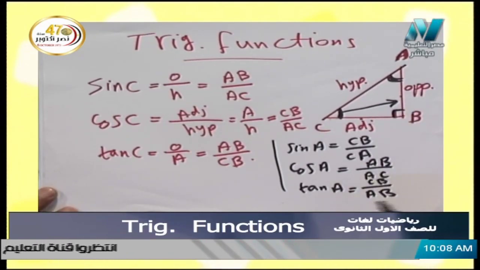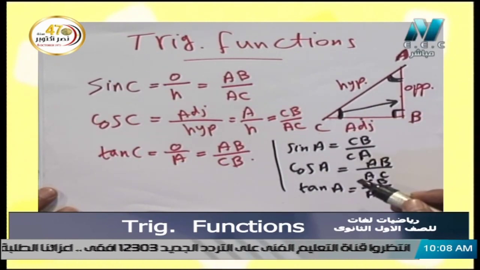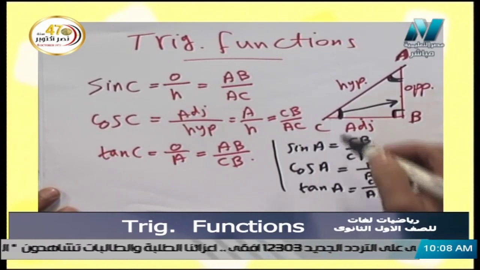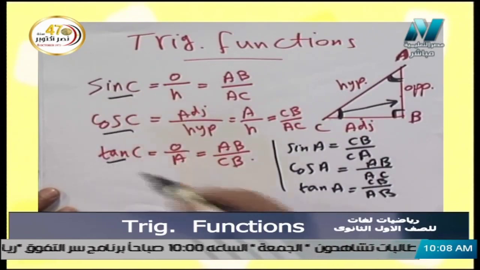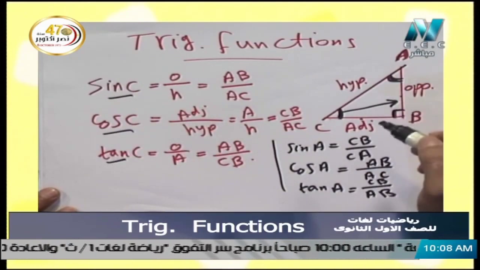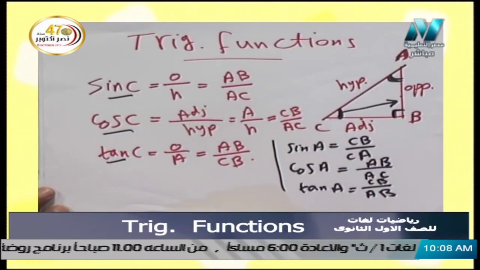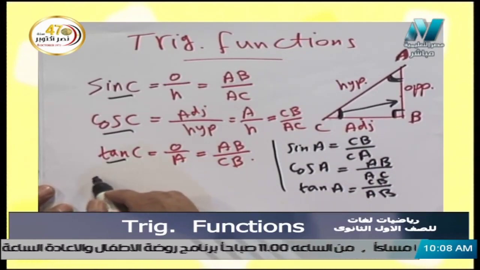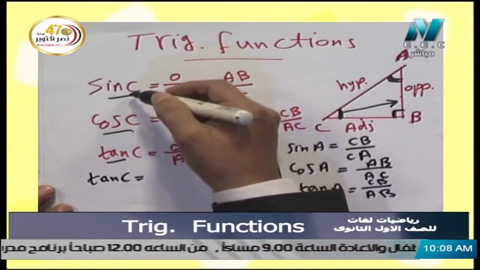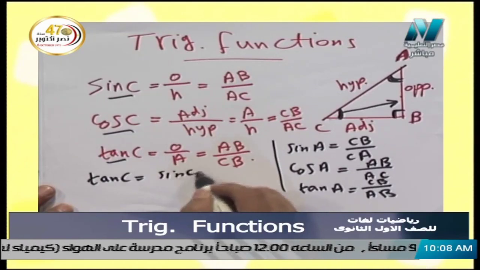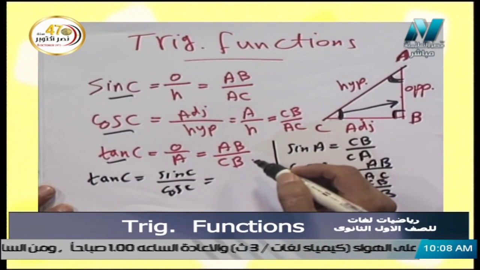So the trig we studied before in third preparatory: for angle C, we can say sine, cosine, and tan, and for angle A, we can say sine, cosine, and tan. Tan C equals sine C over cosine C. We can prove it.